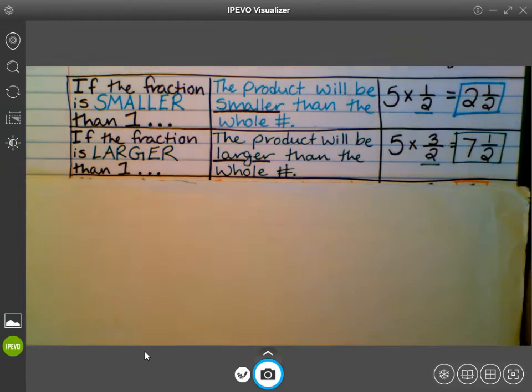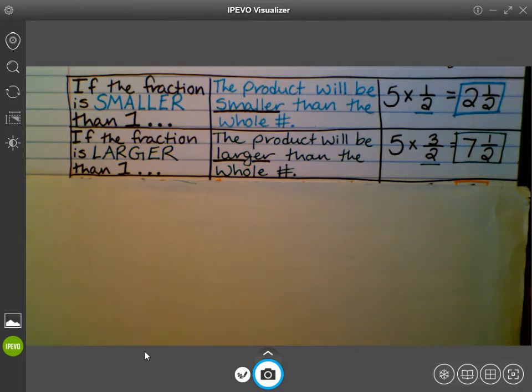Give me a thumbs up when you have this one written down, this row. Notice that I put smaller and larger, all capitals, in the left column.